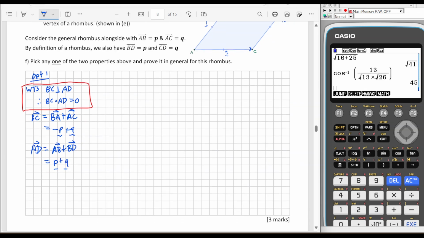And if we look at BC dotted with AD, these all need lines above them, BC and AD.